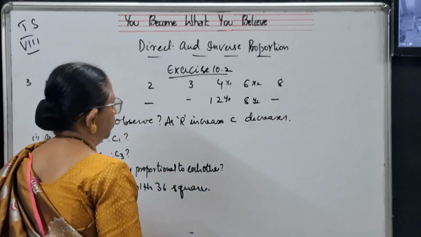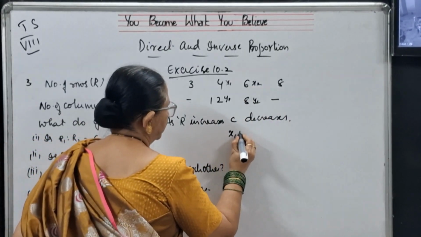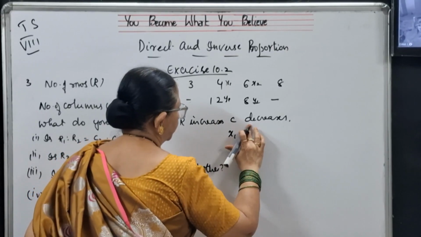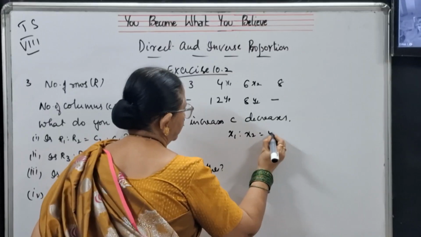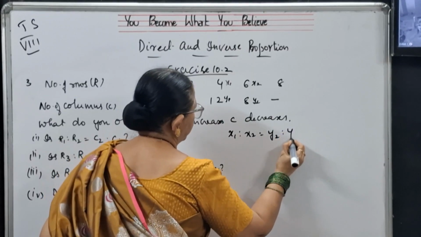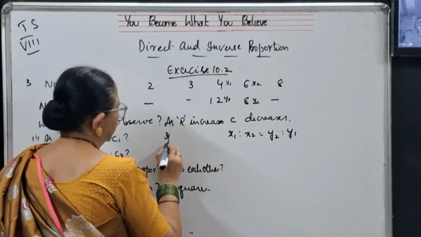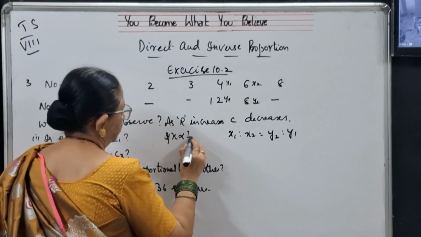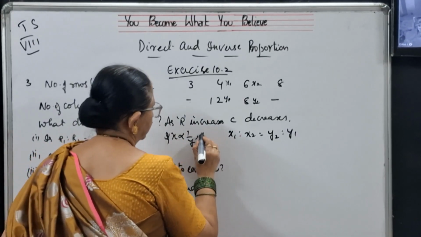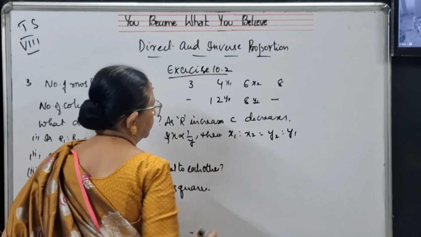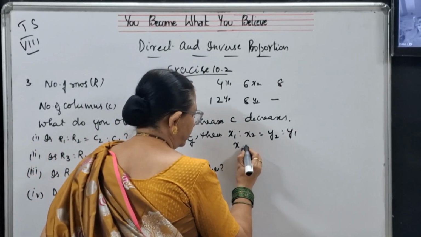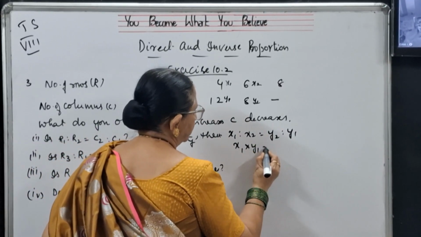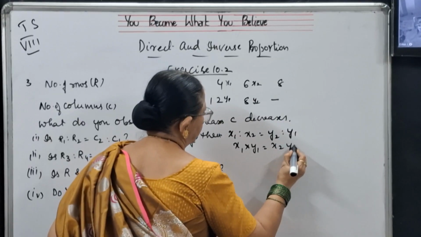We know that x1 is to x2 is equal to y2 is to y1 if x is inversely proportional to y. So this means x1 into y1 should be equal to x2 into y2.